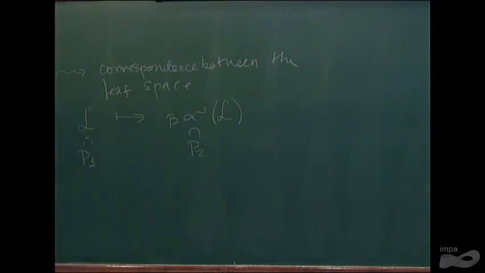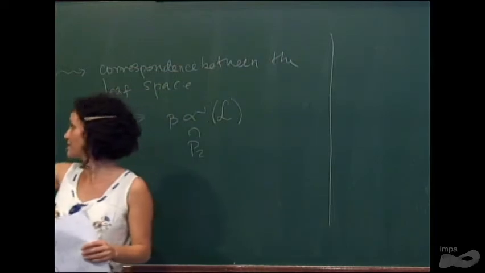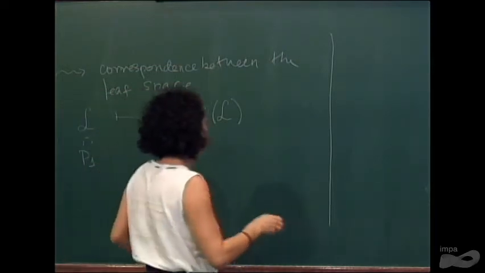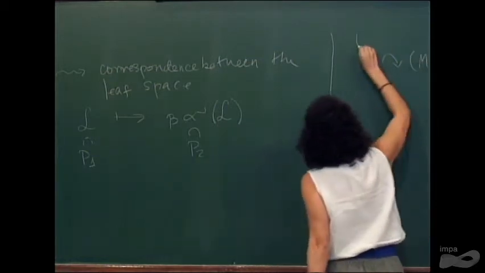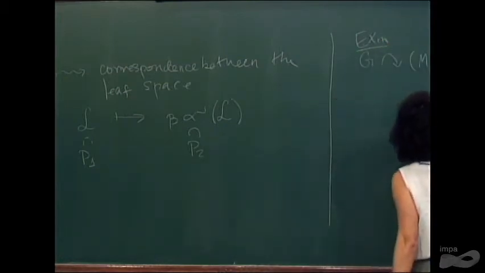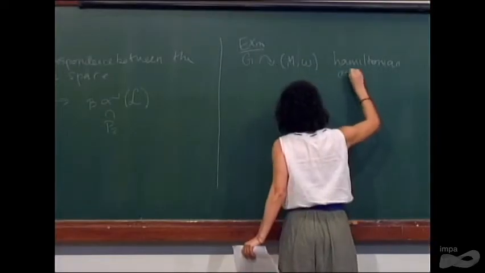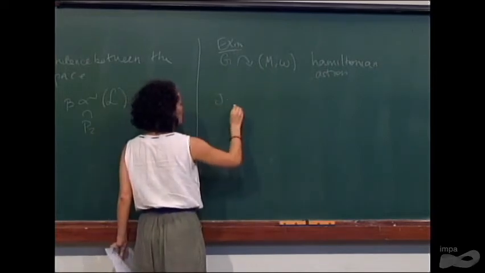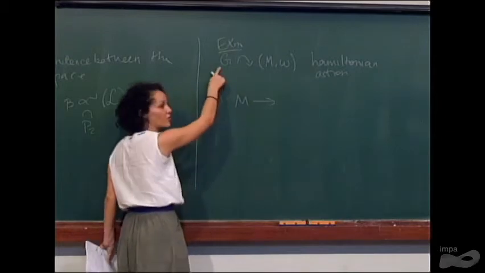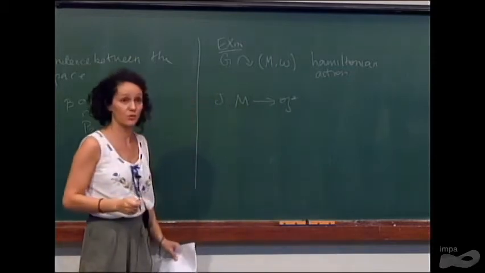Let's see a very natural example that comes from these symplectic dual pairs. For example, if you take a Hamiltonian action on a symplectic manifold and you consider the moment map, which goes from M to the dual of the Lie algebra of G, this is Poisson.